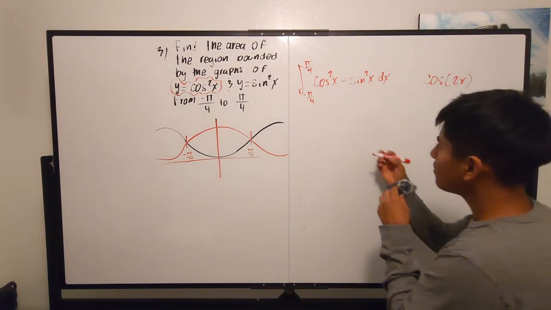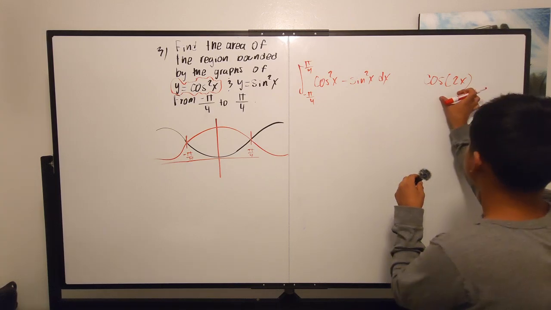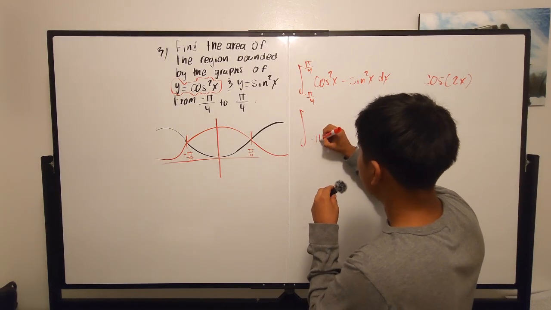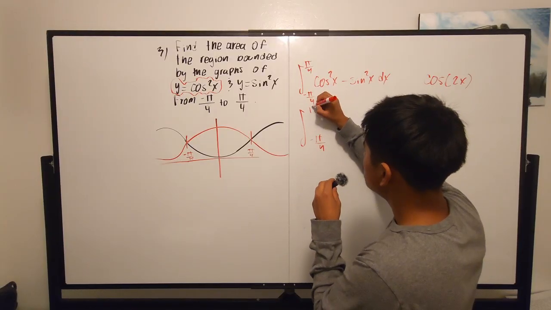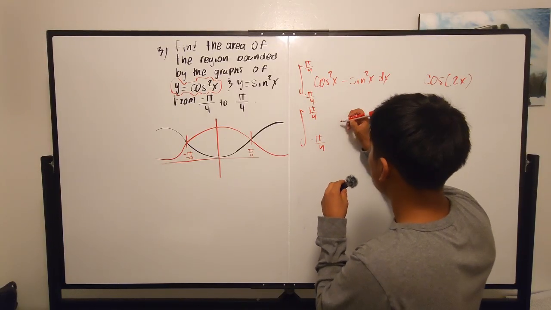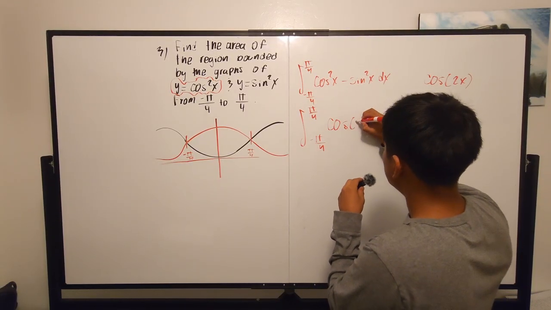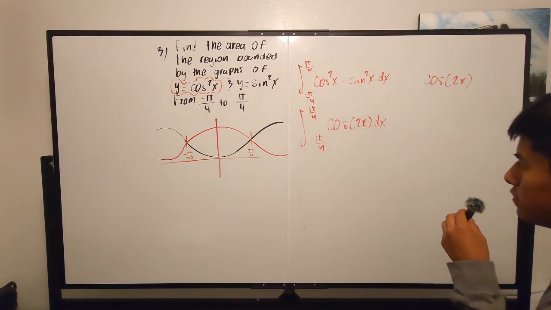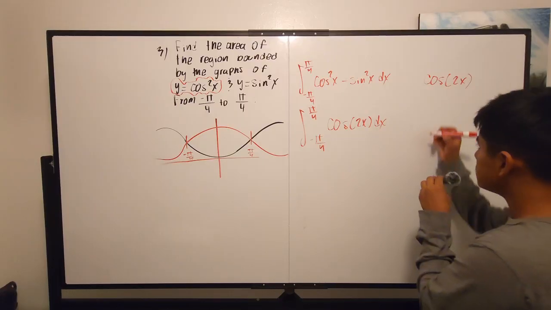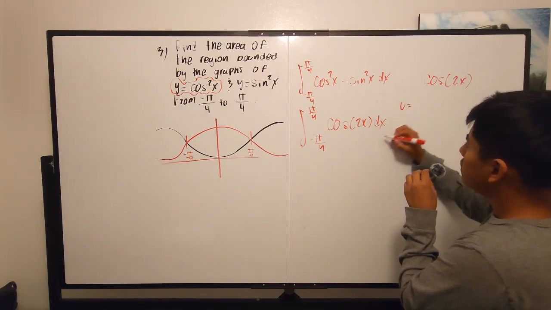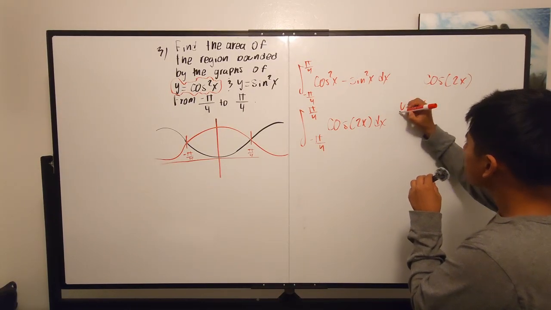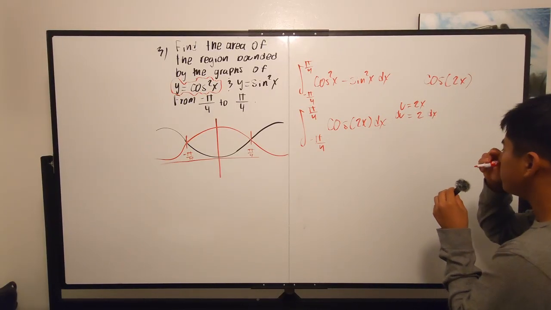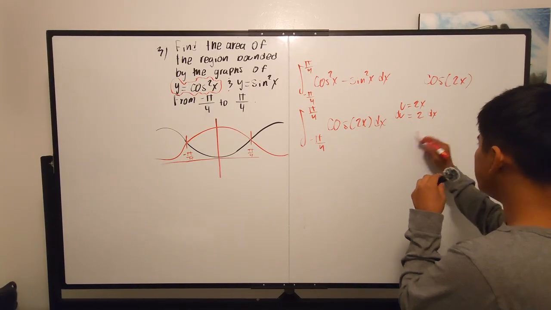Okay, so now we are going to integrate this much simpler function. So we have from negative pi over 4 to pi over 4, cos of 2x with respect to x. Here we're just going to use a simple u substitution. So I'm going to let u equal 2x. The derivative of u is going to be equal to 2 dx, and I like to get dx by itself.